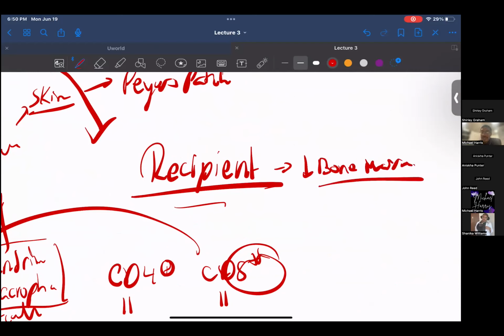So that means he has no white blood cells outside of the innate ones that are already in the tissues. When you give them a new bone marrow, that's going to completely replace his already depleted white blood cells. So that's why you usually see it in bone marrow transplants.